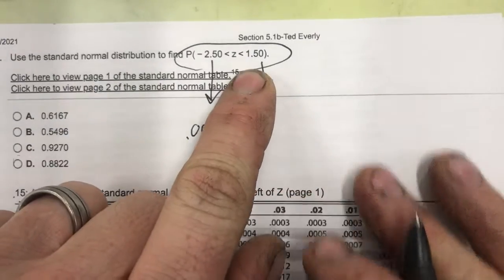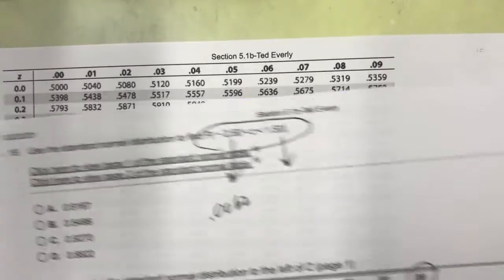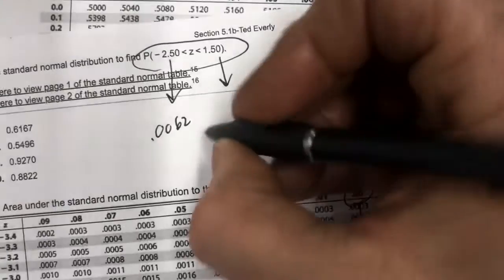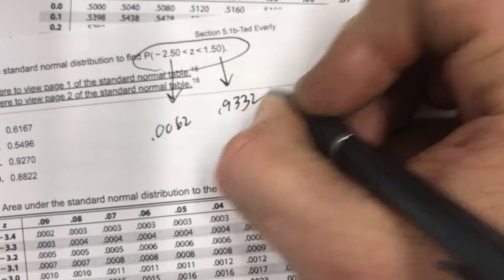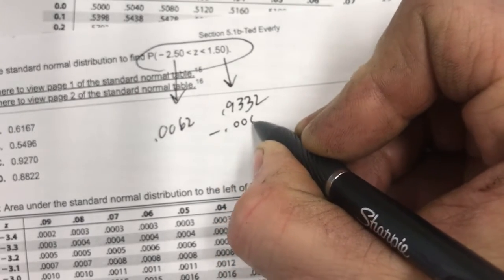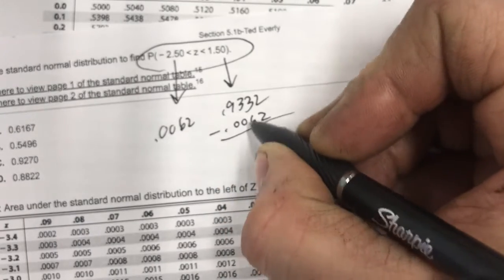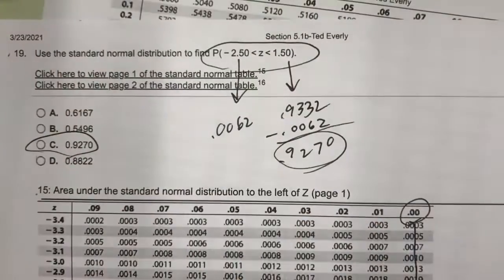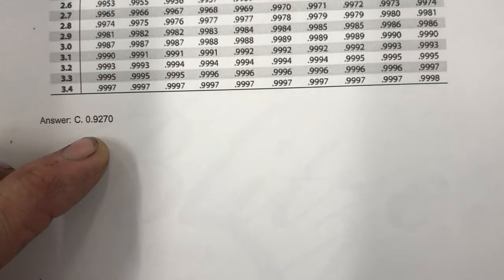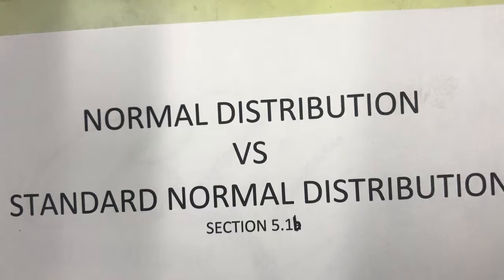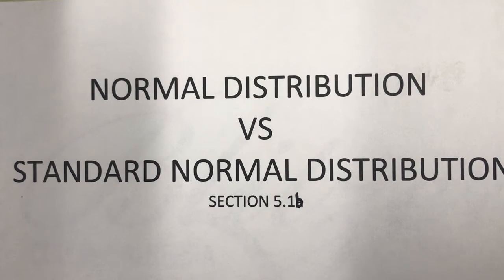Now look up 1.50, on the positive side, and 1.50 is right here, 0.9332. Now subtract them: minus 0.0062, I got 0.9270. It looks like C, which is right. It's in good shape. So that's standard normal distribution.